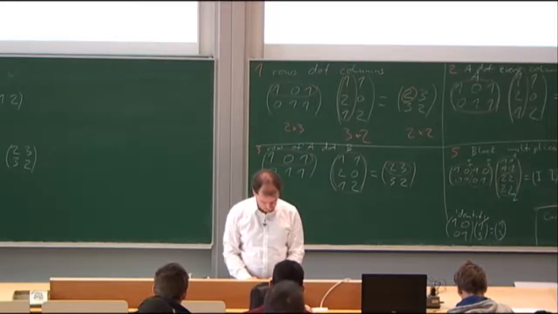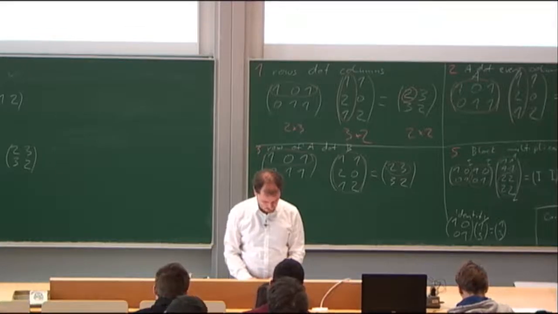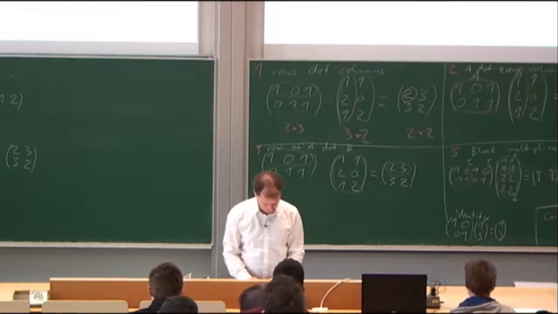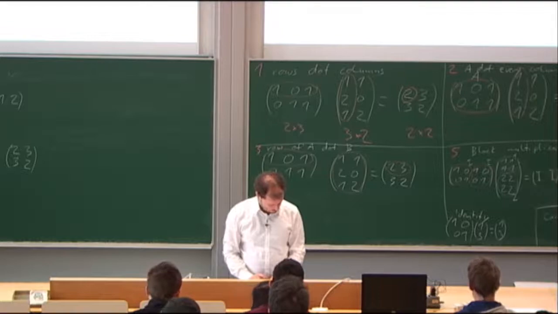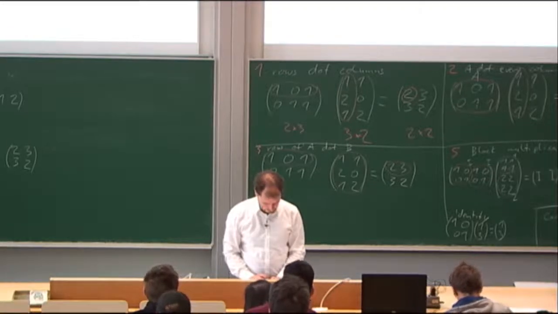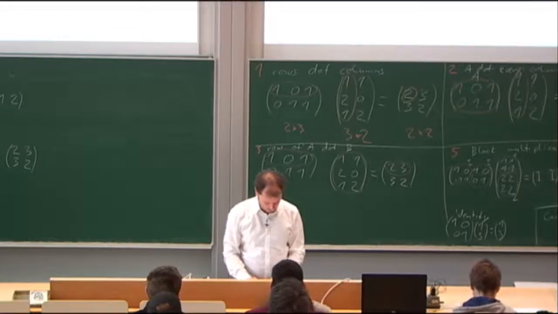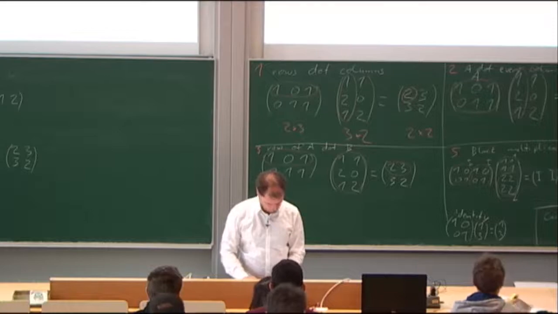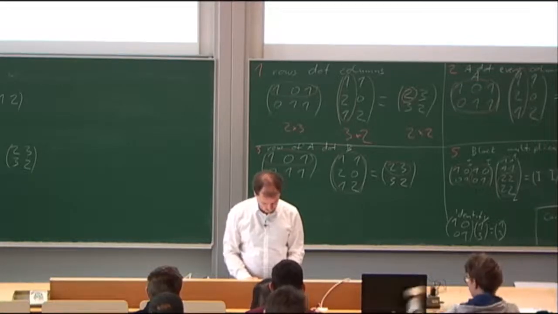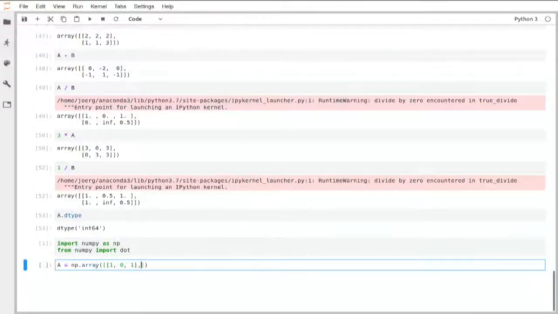And for convenience, we from numpy import dot. Then let's code our 2 matrices, A and B. A as np.array, 101 is the first row, and the second row is 011.